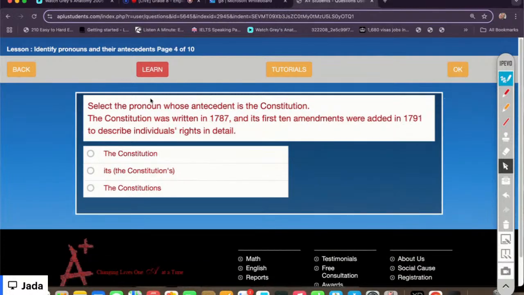So we have, the Constitution was written in 1787, and its first 10 amendments were added in 1791 to describe individuals' rights in detail.